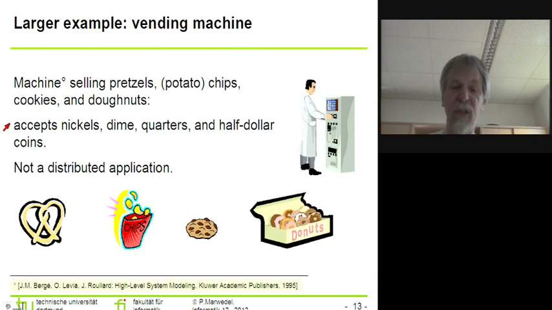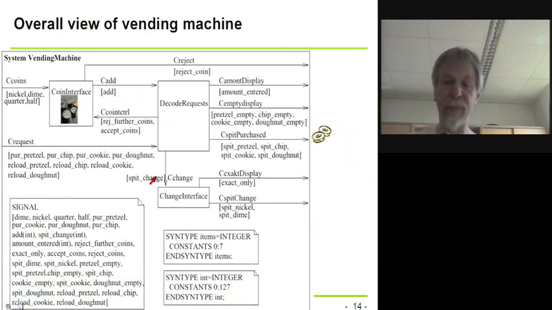Now it's an American vending machine. It's designed for the US market, so it's accepting nickels, dimes, quarters, and half-dollar coins. Obviously it's not a distributed application, but we can nevertheless demonstrate how we can model systems with SDL.